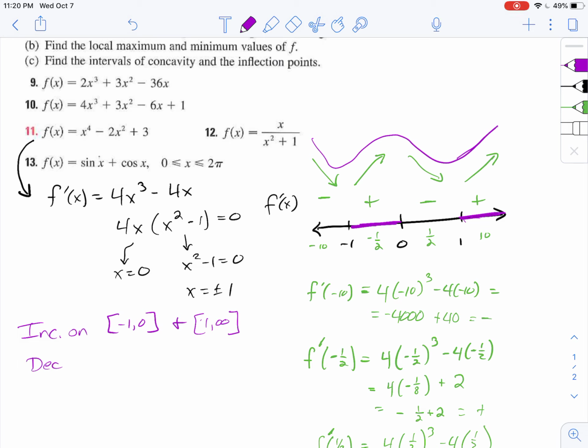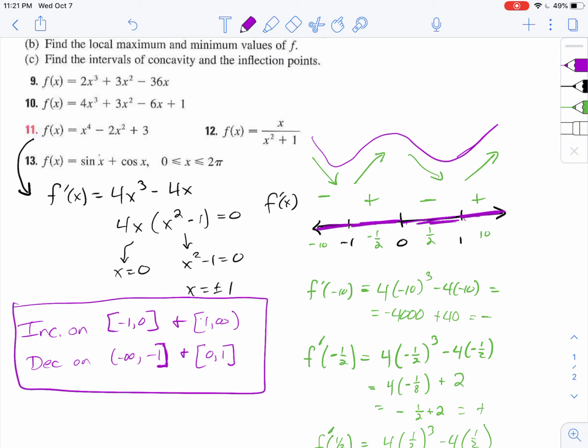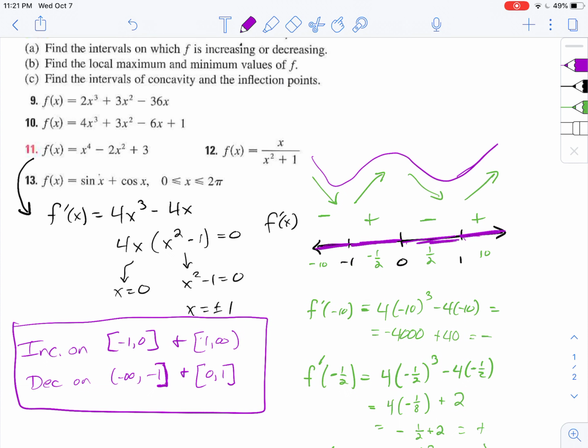And it's decreasing on minus infinity to negative 1, and from 0 to 1. Infinity always gets a parenthesis, so let me rewrite this parenthesis there. All right, so that's part A.